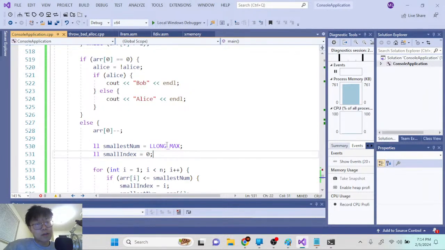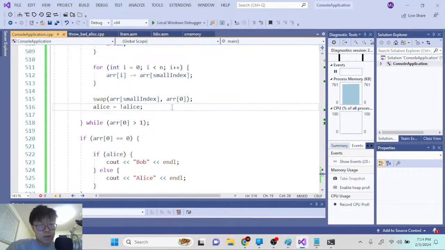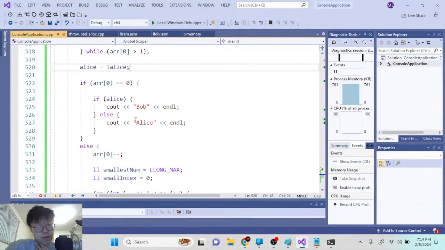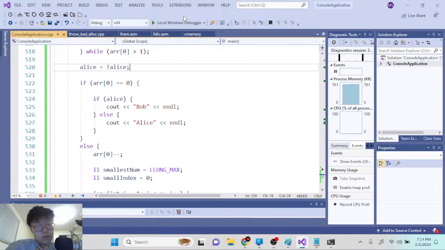If R is equal to 0, I'm guessing we never did set this to be here. Bob's turn. Let's try this again.